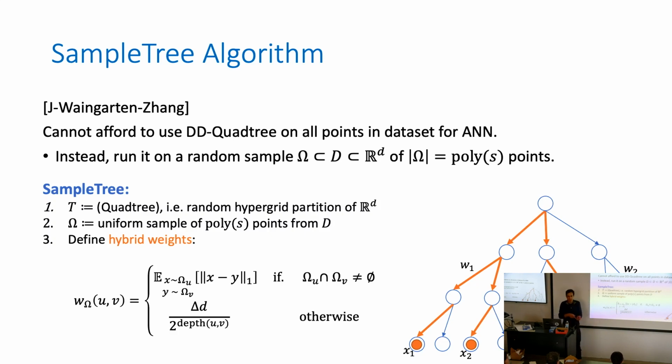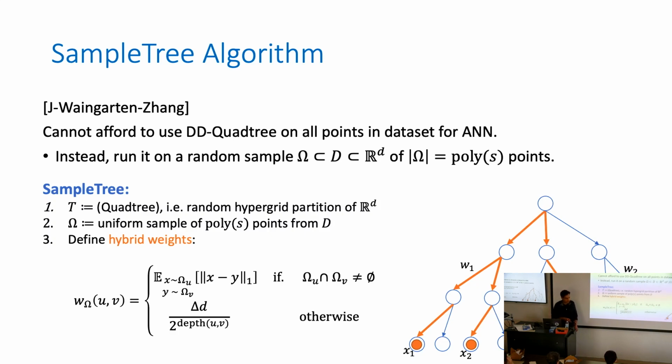If no sample went down it, well, there's no way to define an edge weight, so what am I going to do? I'll do the natural thing. I'll define it to be the fixed edge weight that was used in the prior data-independent work, just the maximum distance divided by 2 to the depth of the edge. So this is the data-independent edge weight that was used in the Andoni and Krauthgamer paper. It's a very natural way to extend the definition of edge weights to points which were not in my sample.